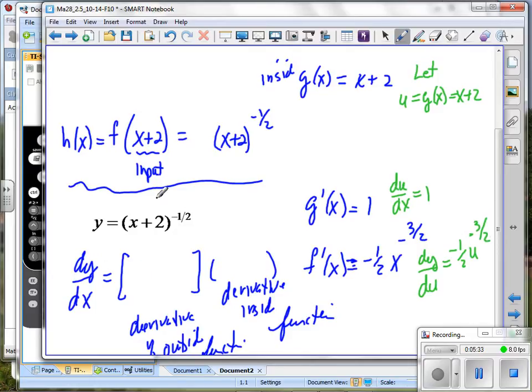Okay, now the chain rule says this, and we're using the chain rule here, so I'm going to put it up here so we can remember. Chain rule. We've got the outside function, that's negative 1/2 u to the negative 3/2 times the inside function, which is just simply 1 at this point.